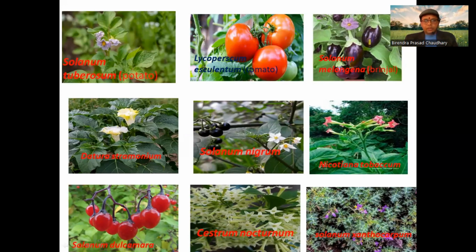In the same way, this is Solanum nigrum. This is also one of the important plants, in which the fruit is directly eaten, and it is also used to produce medicine.